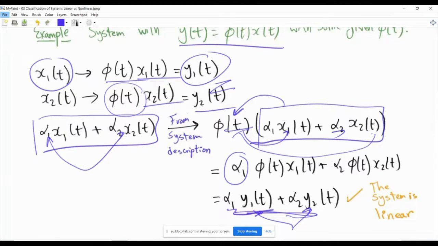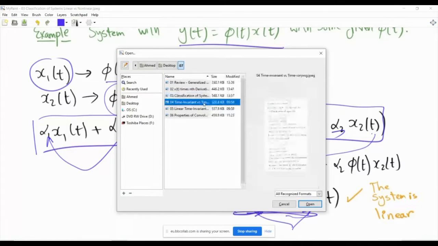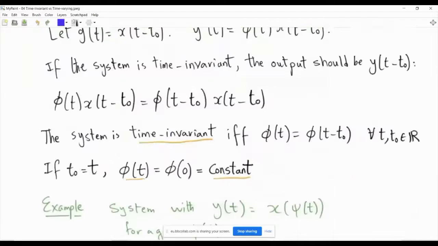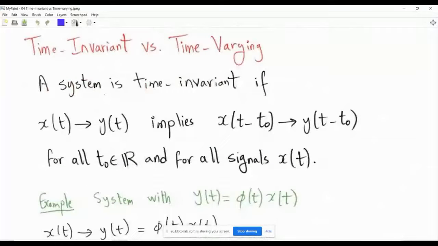Now, another classification of systems is, rather than linear versus nonlinear, we talk about systems that are time invariant or time varying. Okay, let's see how they are defined.